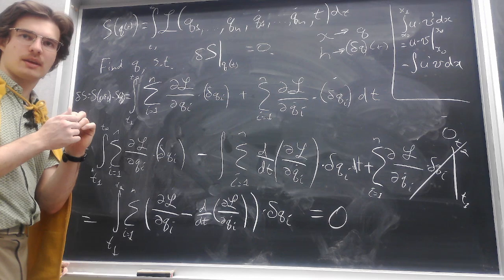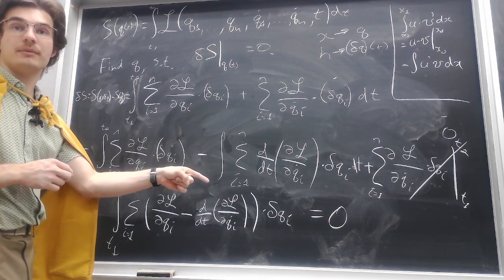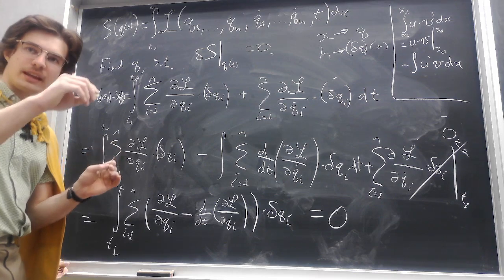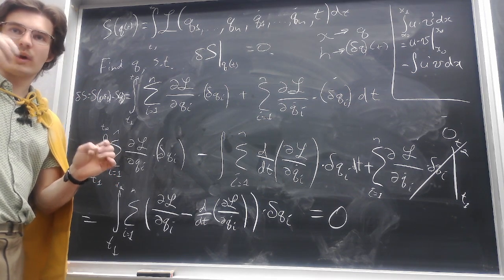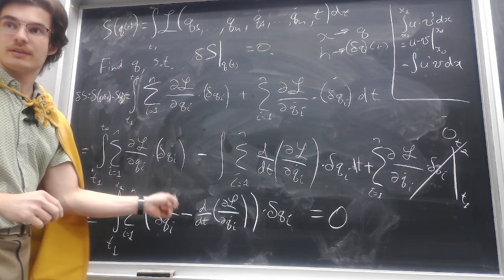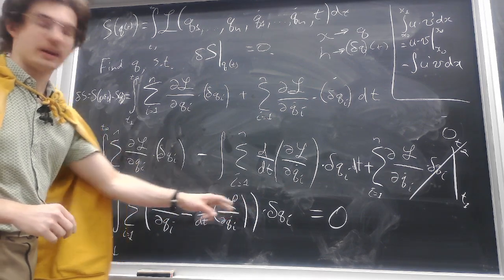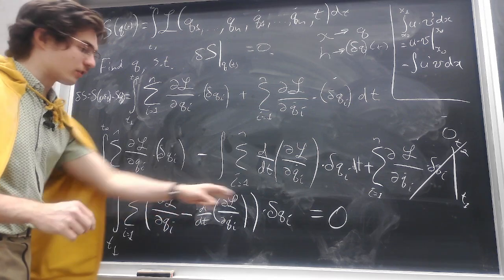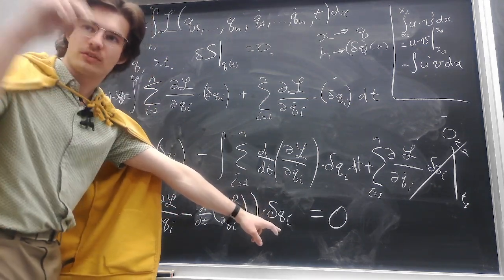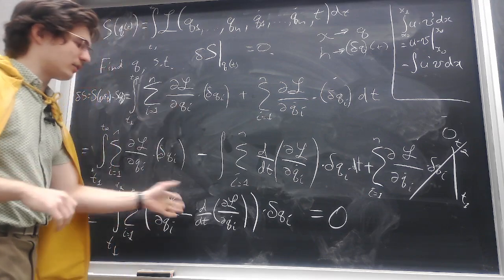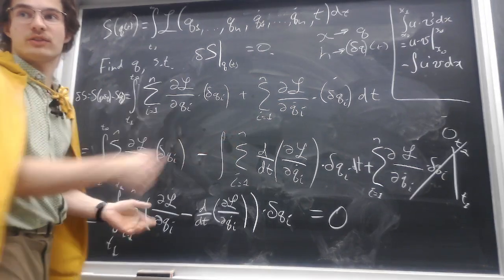Then I can choose a Qi which is 0 everywhere except for that little region where this is non-zero. I can specifically choose a Qi around the region where this is non-zero, such that this is positive in that small region, and 0 everywhere else, and you'll get that this evaluates to something non-zero.